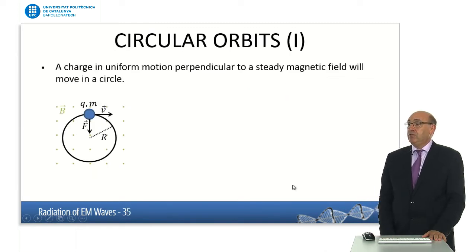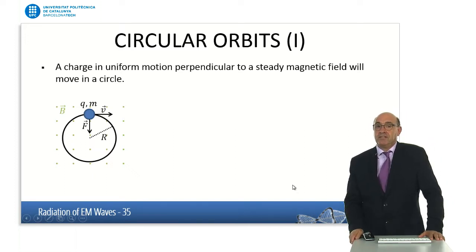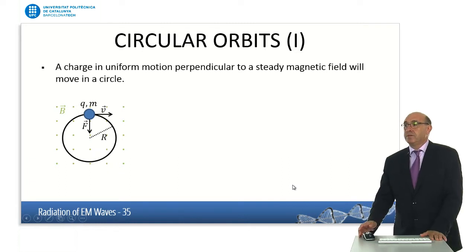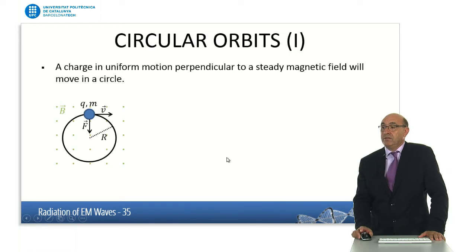We are going to consider a simple but interesting case, and you will see why in a few moments. It's just a charge Q, and now since there is motion, there's velocity, we also need to know the mass of this charge.